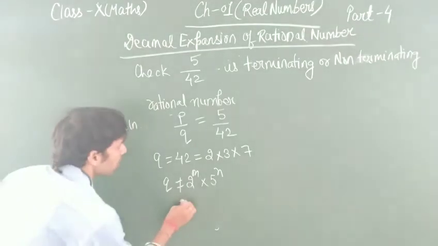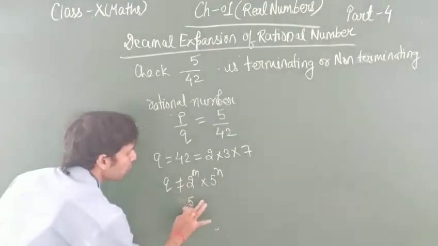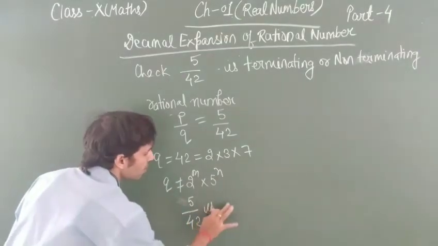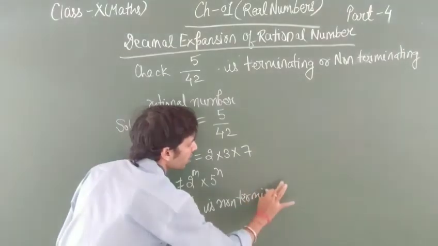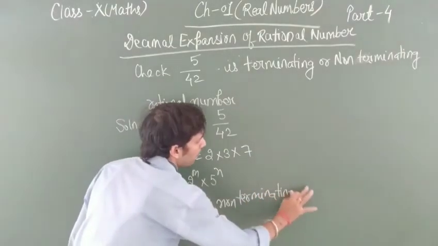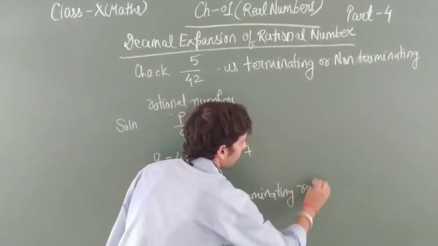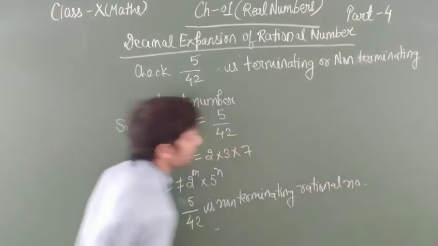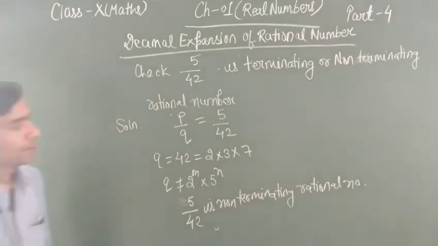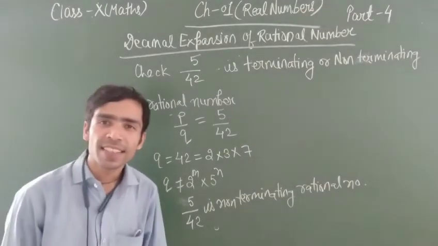So we can say 5 upon 42 is a non-terminating rational number. Okay. So I hope that this is clear to you.